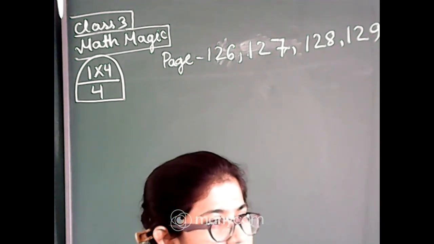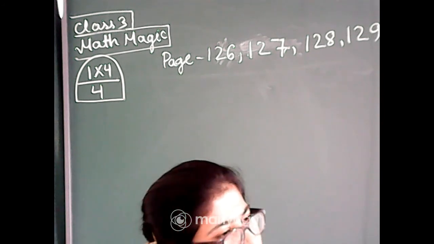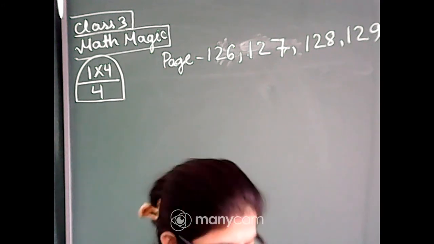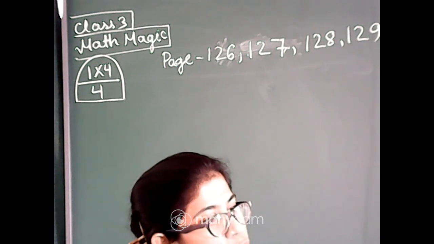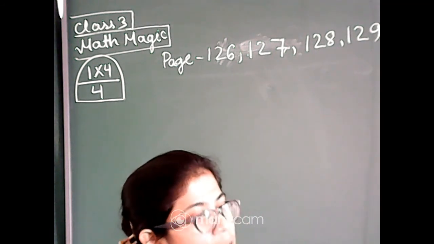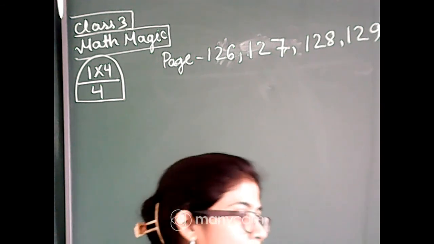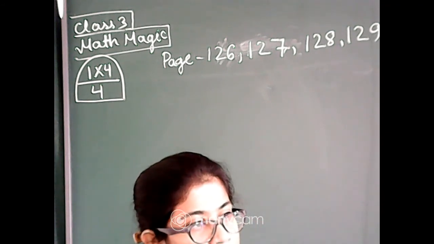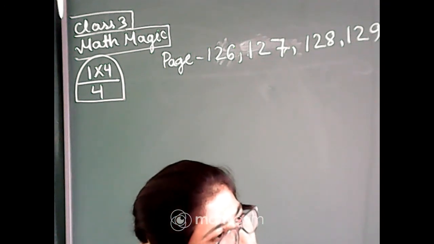Diksha Singh. Okay, Diksha Singh, page number 129. Look at the math. 14 into 7, it's 98. You have also written 98, but your 9 is not proper. Make your 9 proper. It doesn't seem like 9.